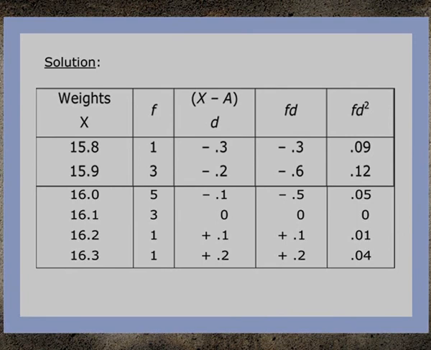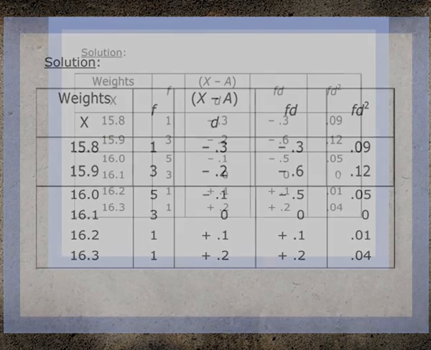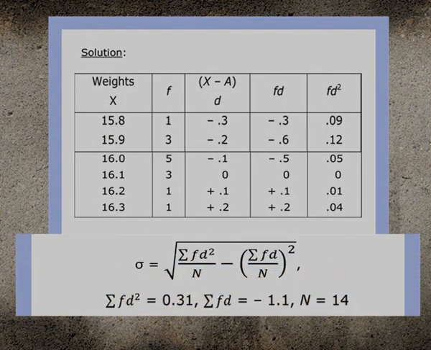Let's make a table with the columns headed as weights, that is capital X, then frequency, that is small f, the third one x minus a, that is small d, the next one the fd column, and the last one the fd square column. We are using the formula sigma is equal to the square root of sigma fd square divided by n minus sigma fd by n, the whole square. Now from the table we have sigma fd square equal to 0.31.